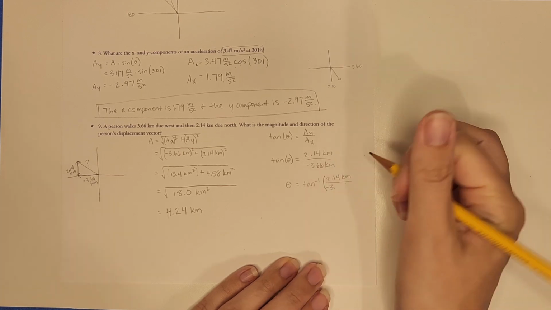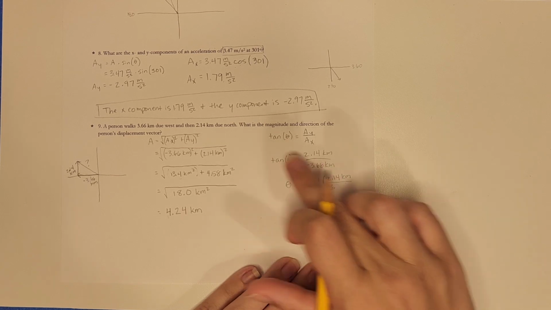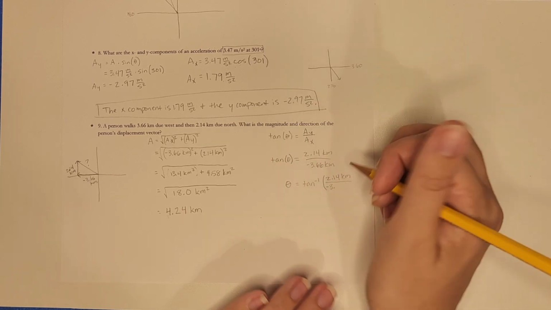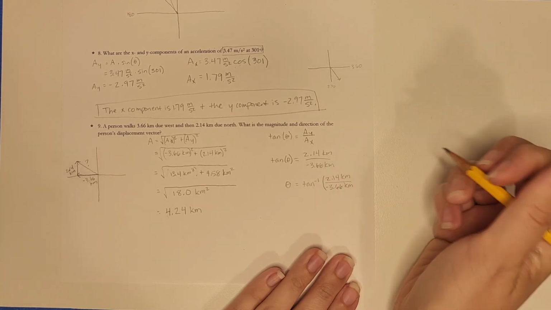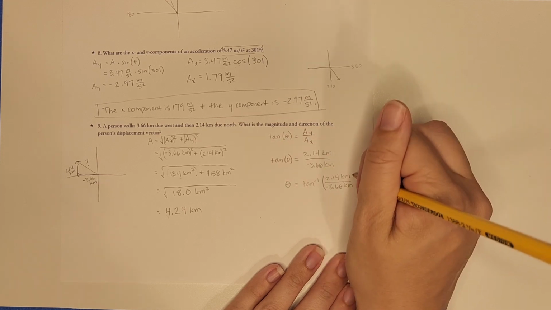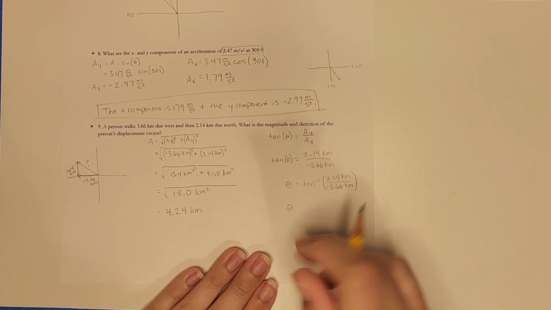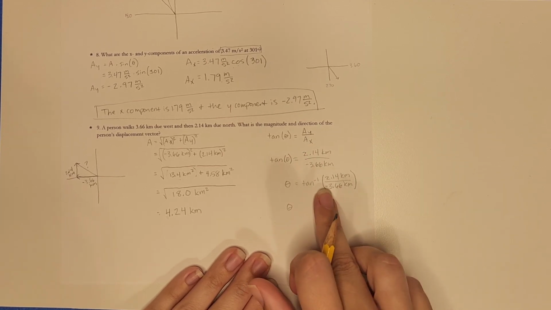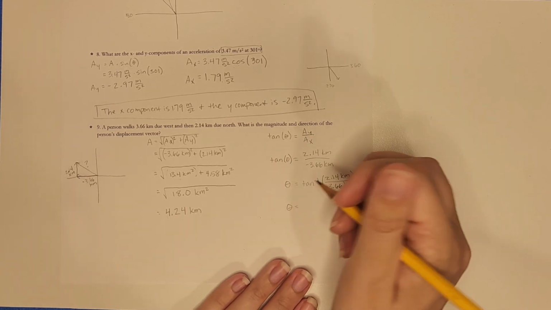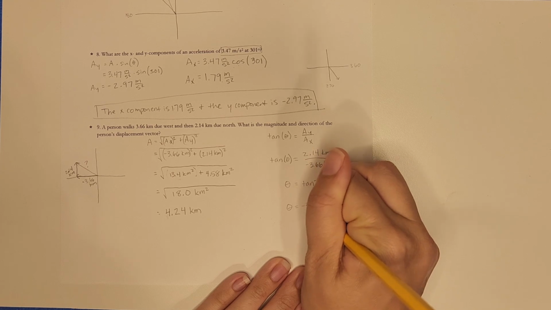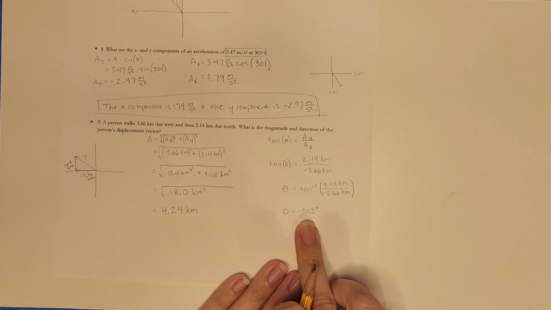And it's not necessary to actually stick to 3 significant figures at this step, because you're doing lots of division here. And so you can just get it to 3 significant figures at the very end instead. Okay, so when I do that and I calculate the inverse tangent of all of that, I'm going to get negative 30.3 degrees.